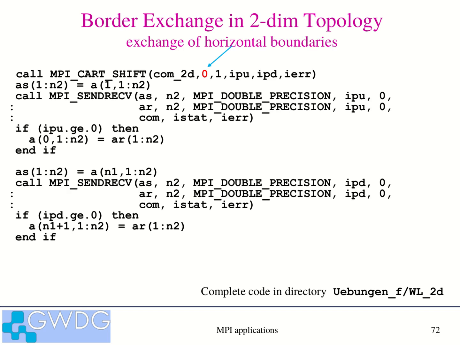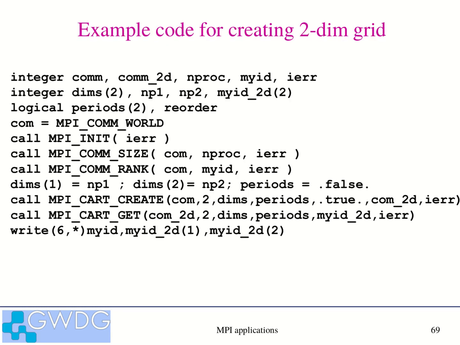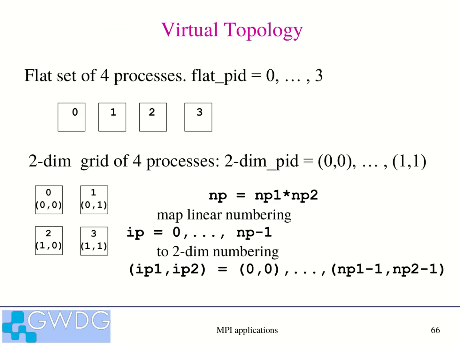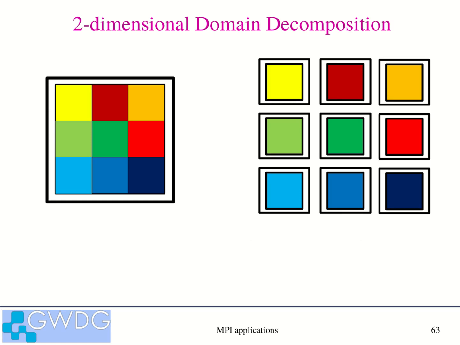Well, in the other direction, the horizontal boundaries have an additional problem. Go back to this picture. The horizontal boundaries have to be copied to the local domain of the neighboring processes.